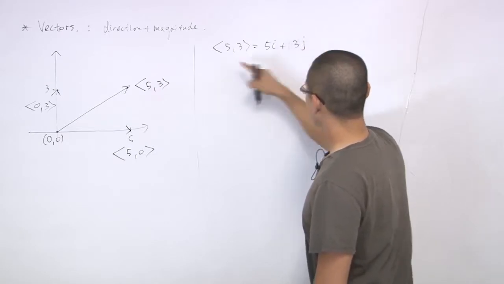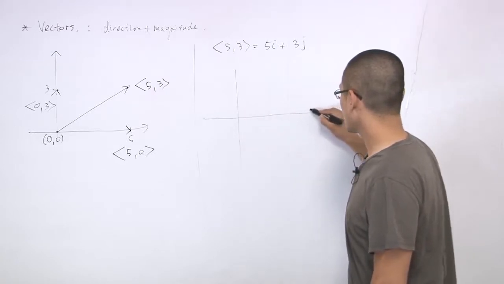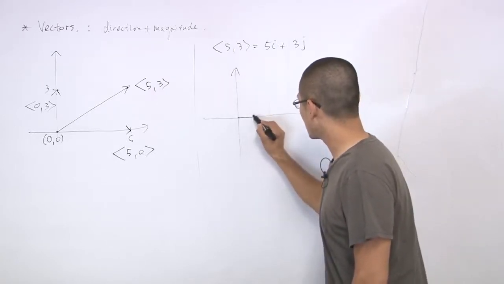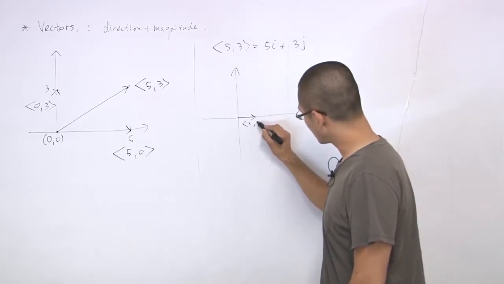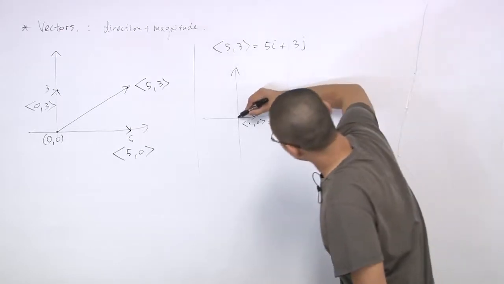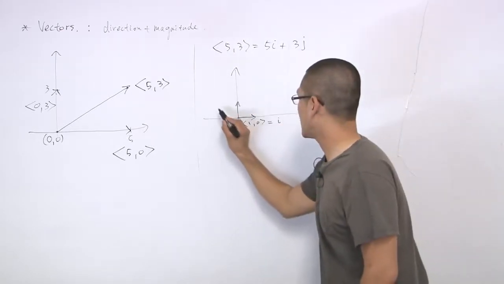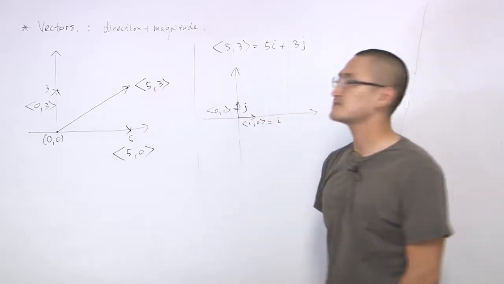It just has the same meaning. i is simply, in this region, this one length right here: 1, 0, or 1i, right? Over here is the other, j. So 0 and 1, or we could write j.